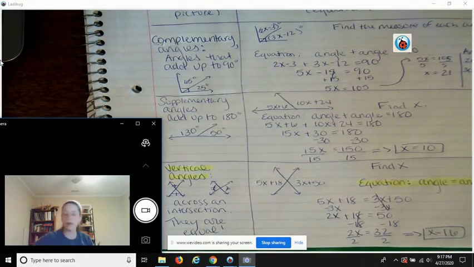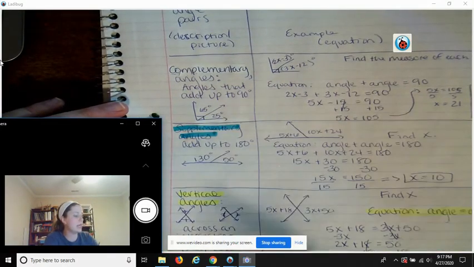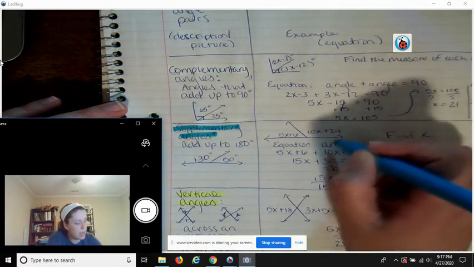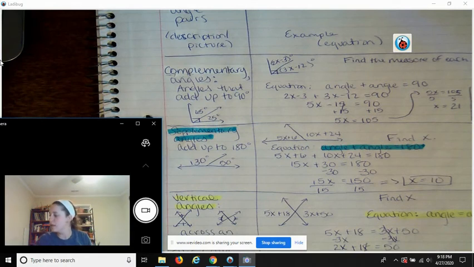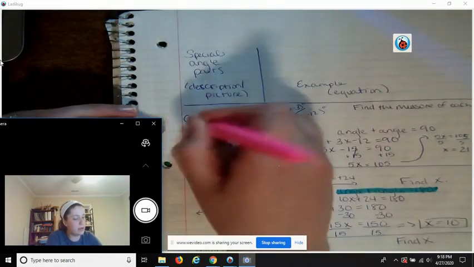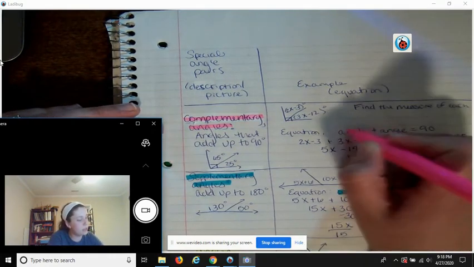If I'm looking at supplementary angles that add to 180, my equation should always be angle plus angle equals 180. Okay, angles, adding them together. And then lastly, complementary angles, or angles that add up to 90 degrees, should be angle plus angle equals 90.